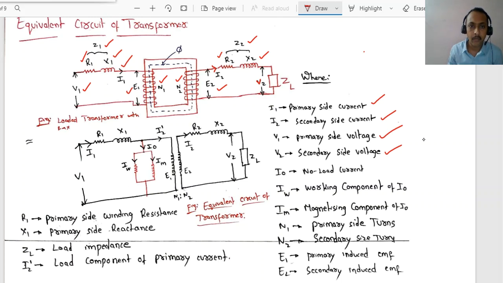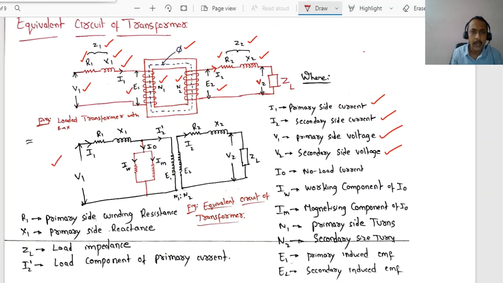Phi, flux phi, linking both the coils, both the primary and secondary winding. So far clear? Good.